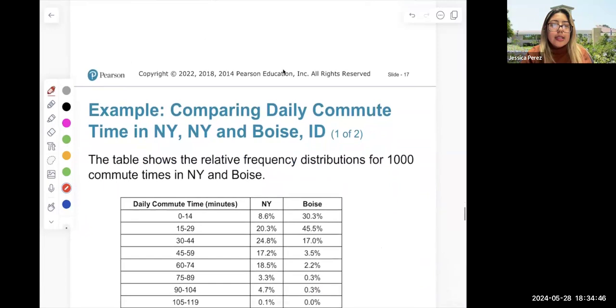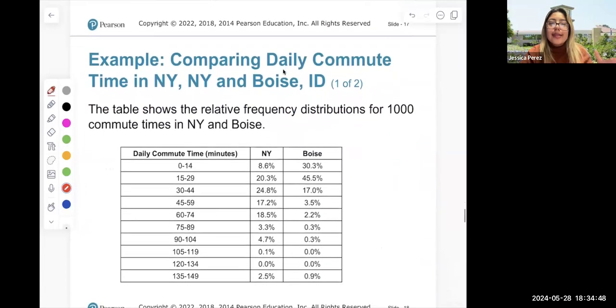So let's look at this. Now, in this case, they are not telling us what the data values are, but they're giving us the relative frequency. The table in this example shows us the relative frequency distributions for 1,000 commute times.